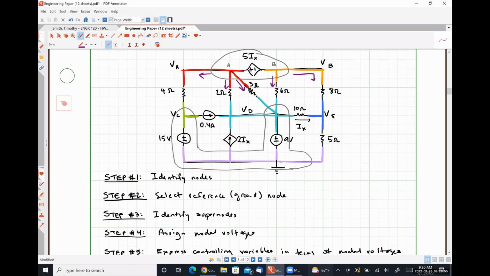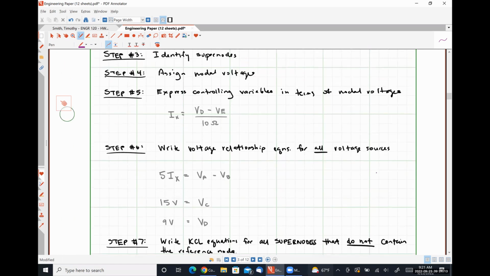All right, now we need the current flowing down through the 2 ohm resistor. Lucas Duran, tell me what that current is. Exactly right. VA minus VD over 2.